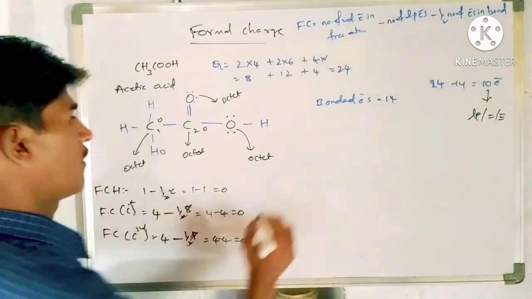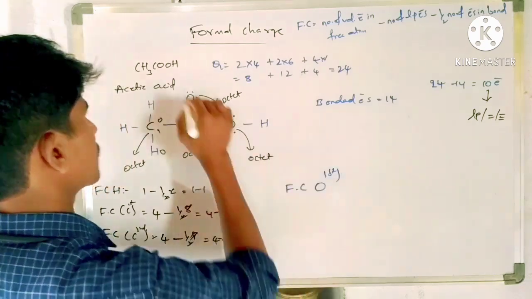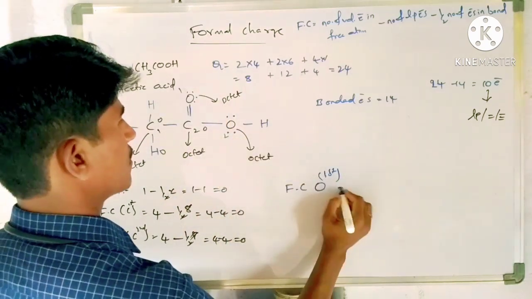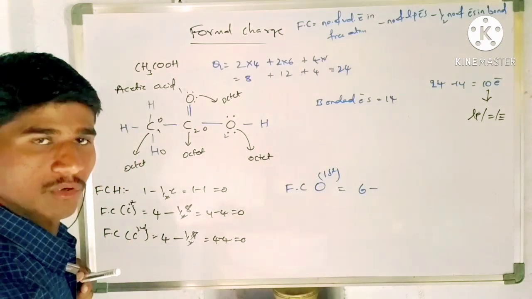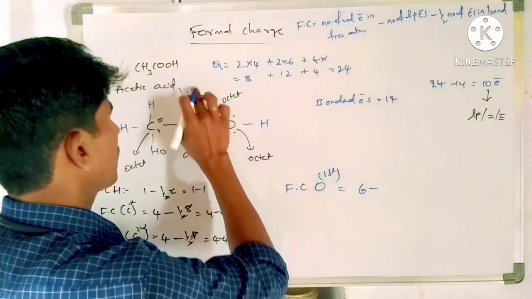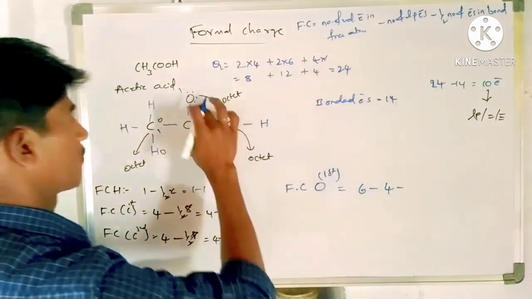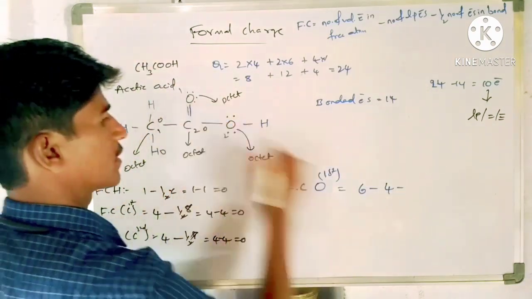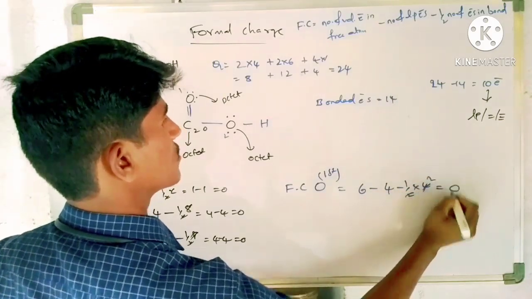Next, the formal charge for oxygen, first oxygen and second oxygen. Here 6 valence electrons are there in oxygen, minus the lone pair electrons, which are 4, minus 1 by 2 into 4 bonded electrons, that is 0.